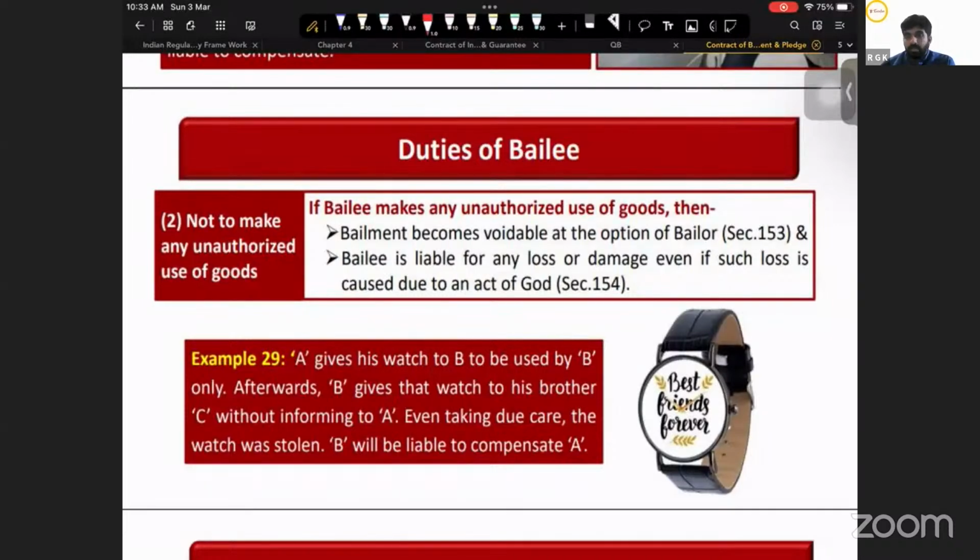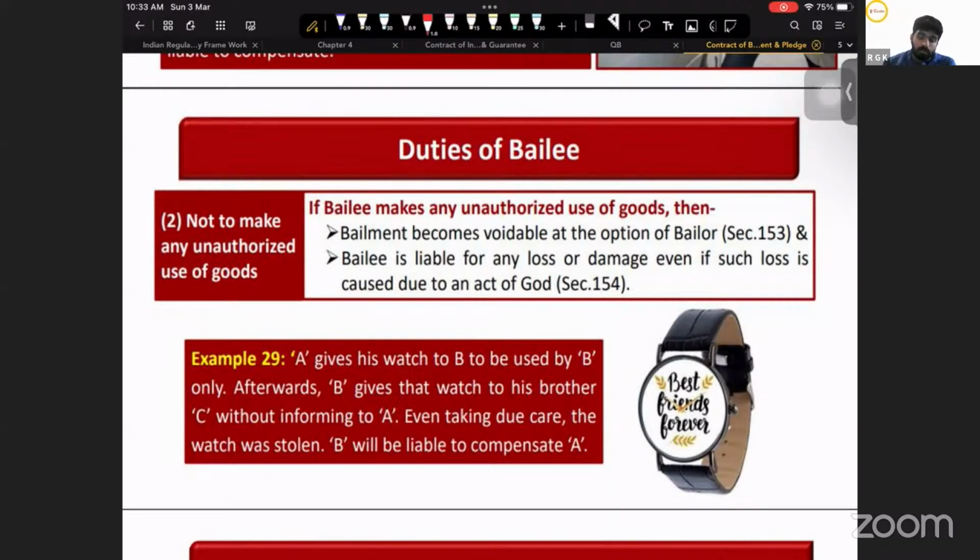When this happens, bailee will be liable for the unauthorized usage of the goods. For this unauthorized usage, whatever loss may happen, bailee will be held personally liable. This is what the point states. Unauthorized usage: bailment becomes voidable at the option of bailer.